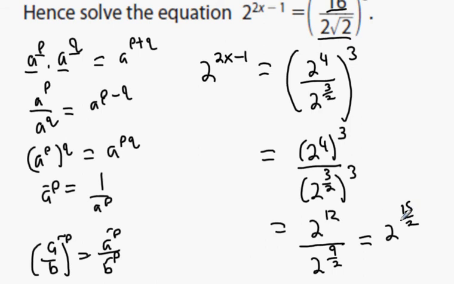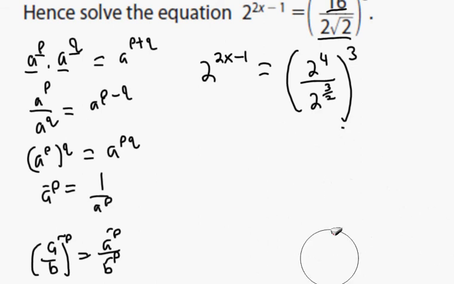Now, there's another way of doing that, isn't there? That's one way of doing it. And here's the other way of doing it. The other way of doing it is like this. You look inside the bracket, and what rule is this going to be? The minus rule. When you have a fraction, it's the top power minus the bottom power.